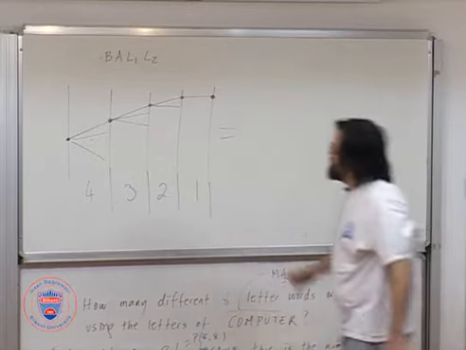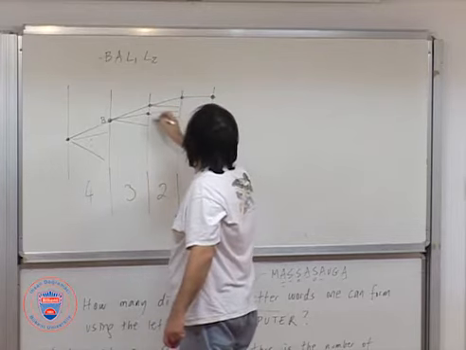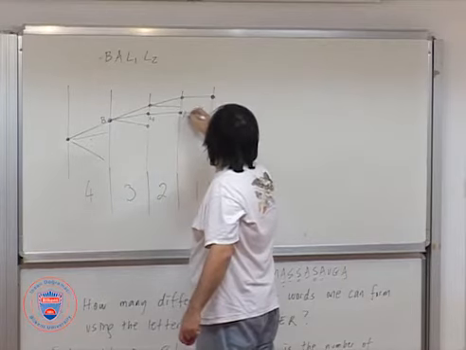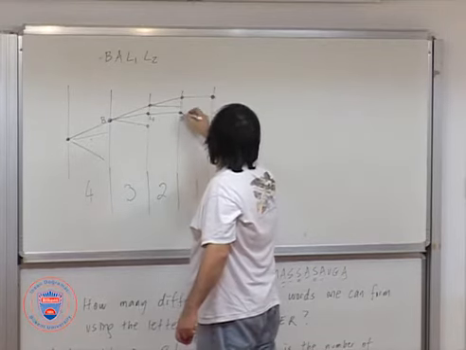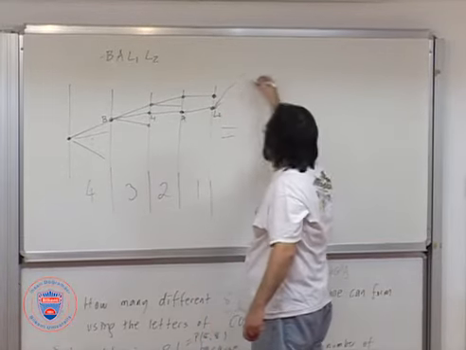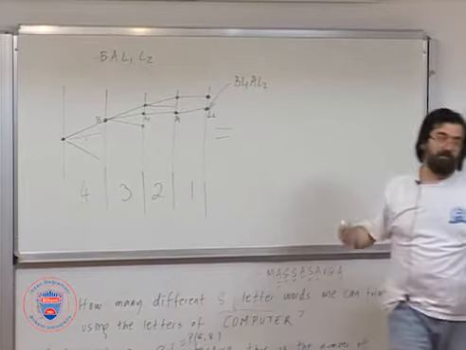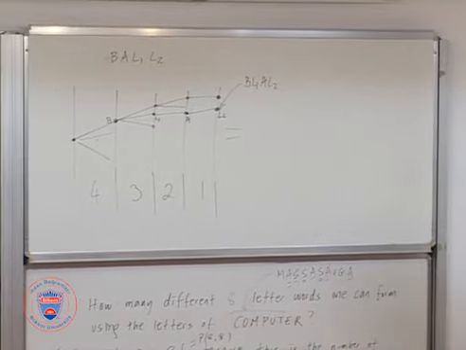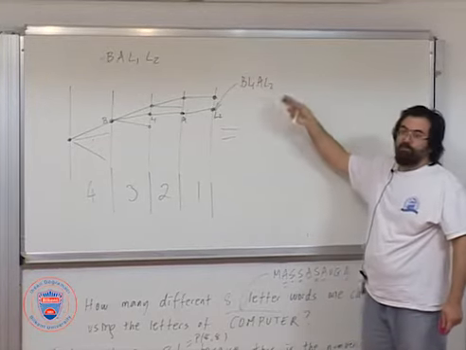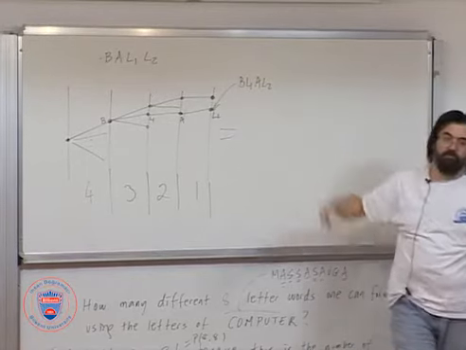Now suppose your choice here were B. Here you have 3 choices left. Say you choose L1. Here you choose A. Here you choose L2. So what you have is B L1 A L2. This is one of the words you can find. So these are the ones with L1, L2 arrangements. Each of these is an ordered B, L1, A, L2.